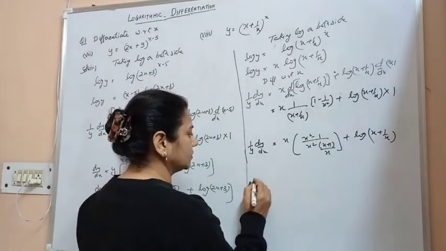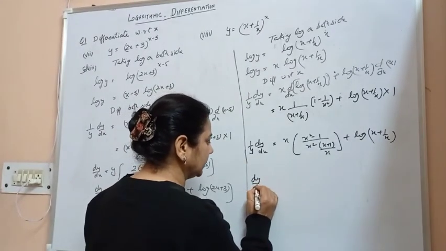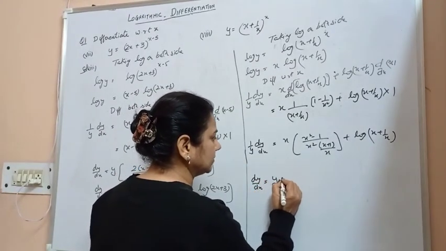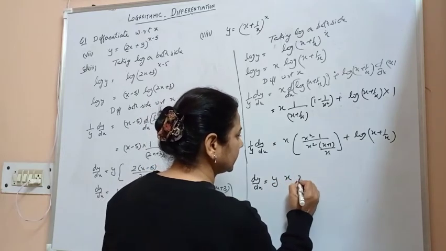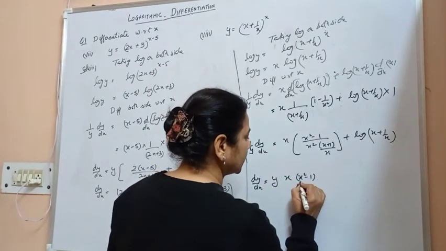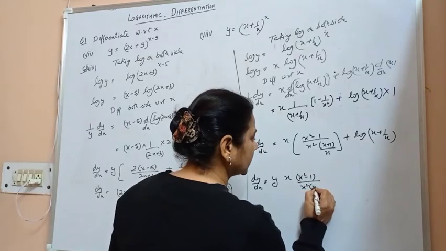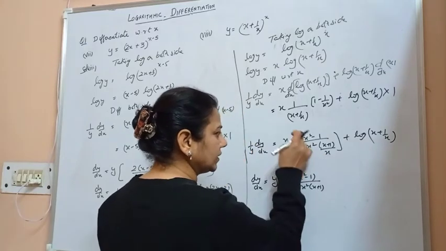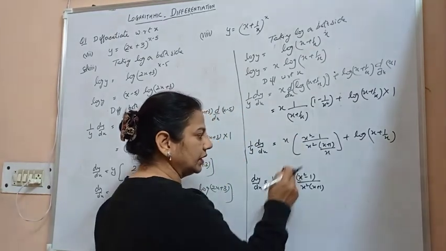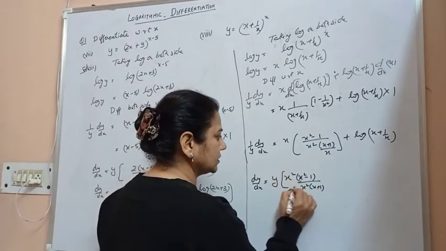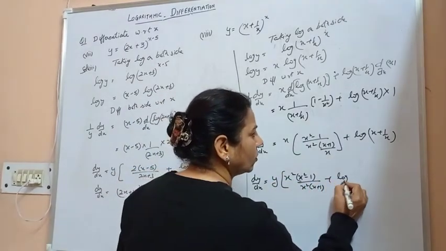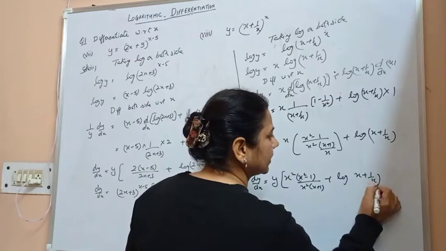Now y goes on the right hand side. Dy by dx is equal to y times (x square minus 1) upon x square into x plus 1. This x when it goes upside in the numerator becomes x square. So this has plus log (x plus 1 by x).